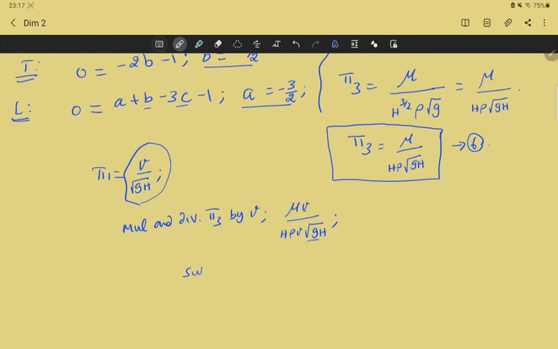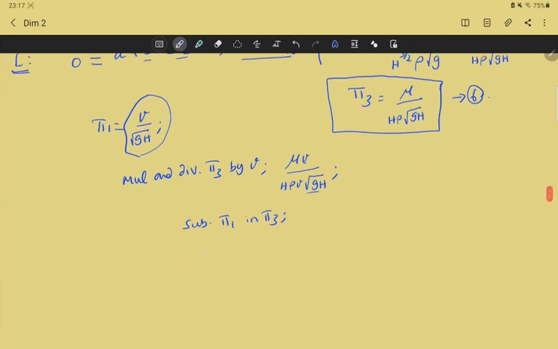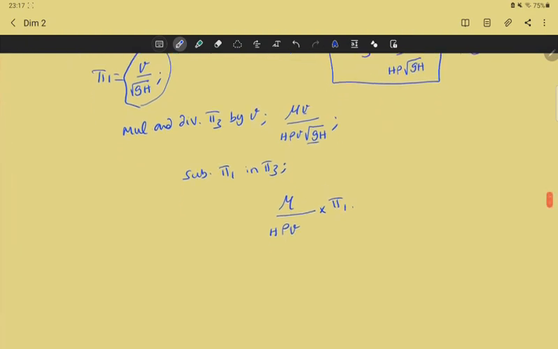So substituting pi 1 in pi 3, I'm going to get mu divided by h rho v times pi 1. Where pi 1 is dimensionless, so we can cancel out. So we can write pi 3 equals mu divided by h rho v.